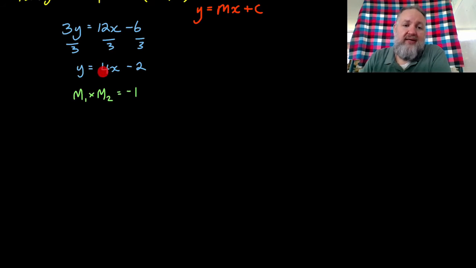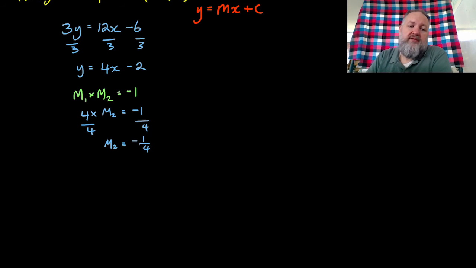I know that my gradient is 4 here. It's this other gradient that I'm looking for. So I'll write down what I do have: 4 times my m2 should be equal to -1. I just need to get m2 by itself. I can divide both sides by 4, and I find that my perpendicular gradient will be equal to -1/4. Very good, I've got my perpendicular gradient.